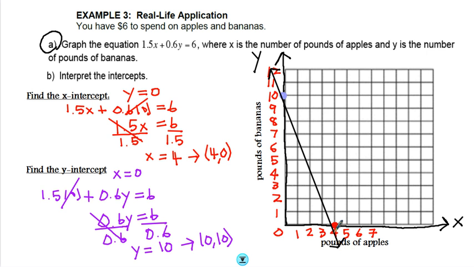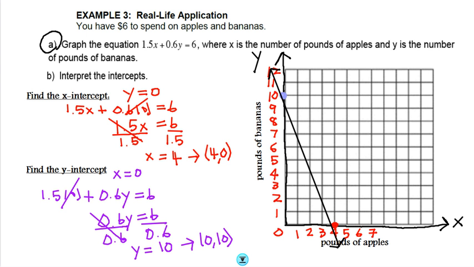If the line is extending outside of the quadrant like this, going out of space, it is wrong. I know I told you the line should be extending out like this, because that's what a line is. For this problem, you can't, because that means the number of bananas is going negative, and you can't have negative. So when you draw this line, you have to end it at the intercepts.